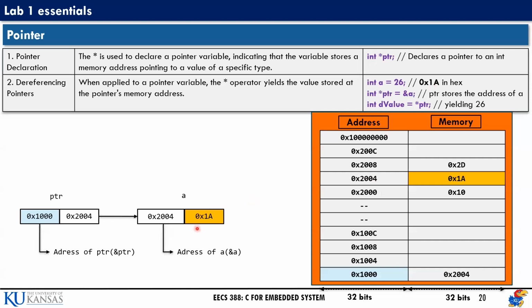And when we declared a pointer and stored the address of this variable a, as you can see here, this ptr has the value of the address of a. This a variable has the address 0x2004 and the value 0x1a. And in the ptr, we have the value of address a, that is 0x2004.